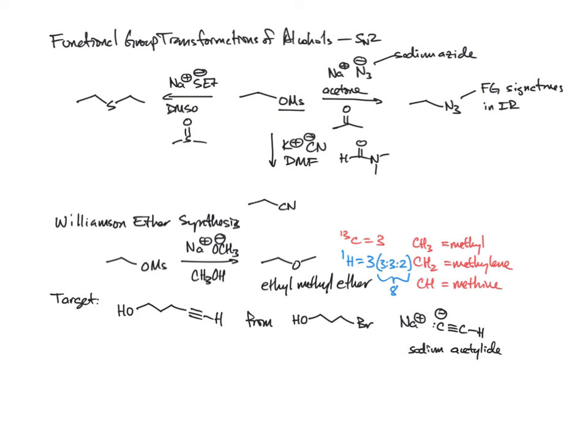So if we were just considering a standard SN2 reaction, this displacing the bromine. However, the issue with this molecule is that a carbanion can be both a nucleophile, which is what we want it to do, or it can be a base. Remember, the action of a base is to abstract protons.